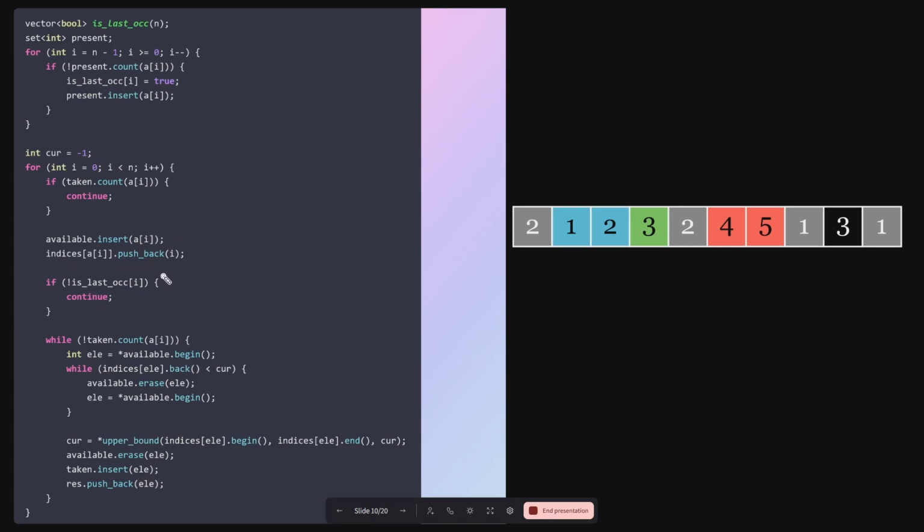Then if you hit a red element, you know that you cannot add any more candidates until you have taken one copy of that red element in your answer. Therefore, you greedily construct the partial subsequence such that the last element will be the one copy of the red element. And how do you greedily construct that subsequence?